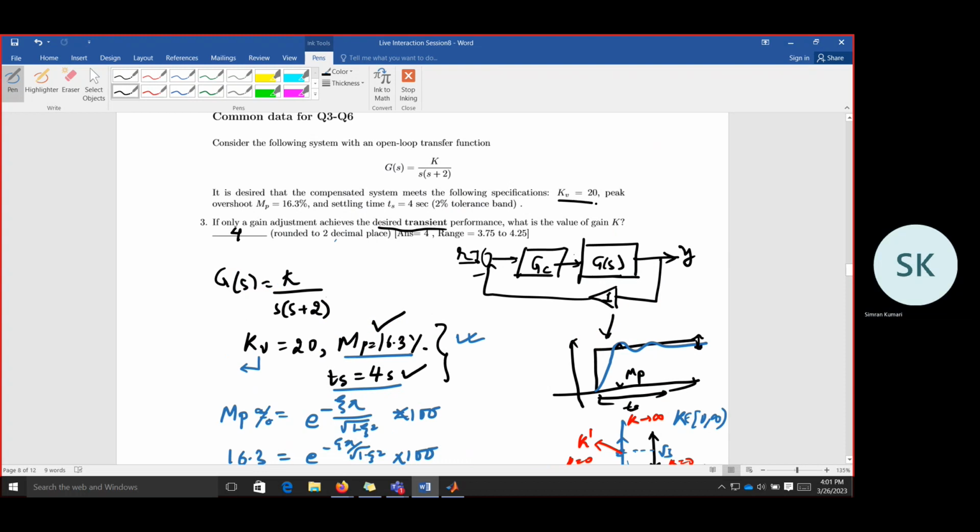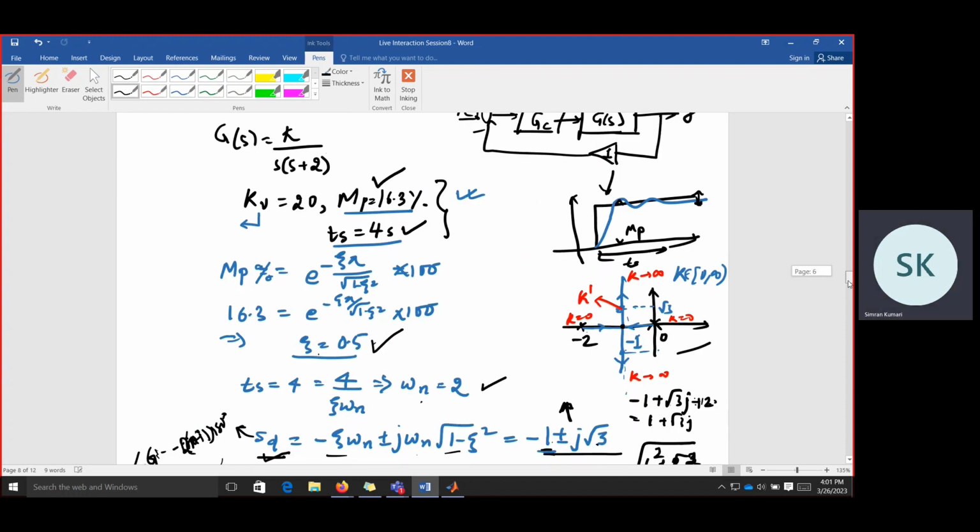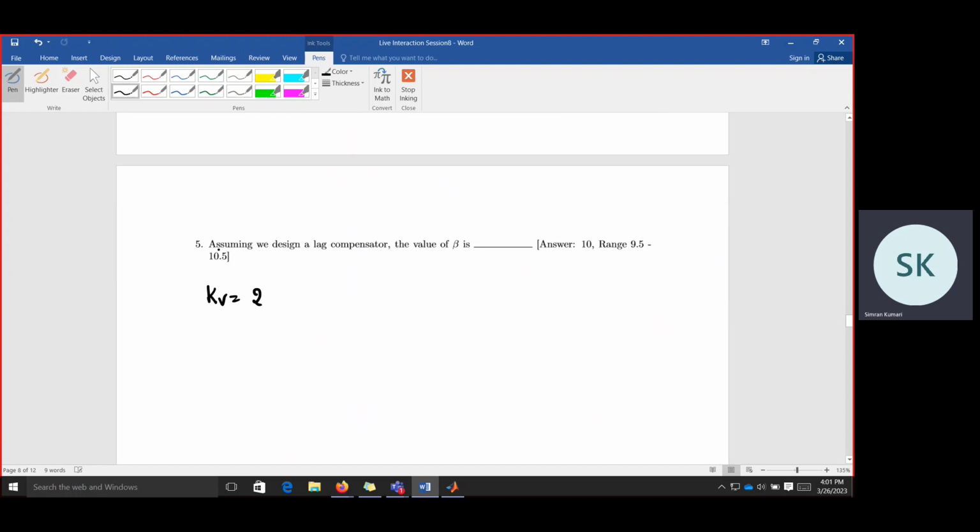This is 20. So kV has to be increased to 20. Okay, so this has to be increased.